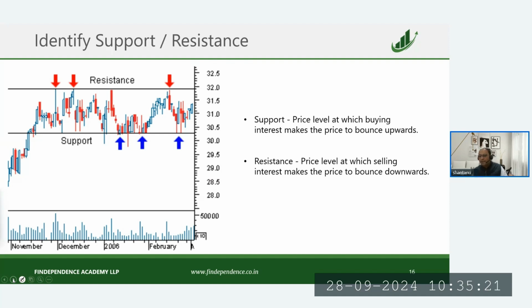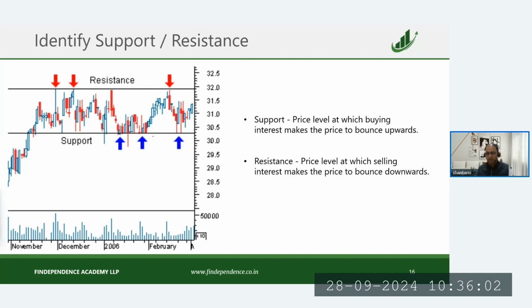Similarly, any price level where you see selling interest will get the prices down. If there are more sellers in the market, they will bring prices down. A support is a price level from where you will see price bouncing upwards. Similarly, resistance will be a price level where you will see price moving downwards.